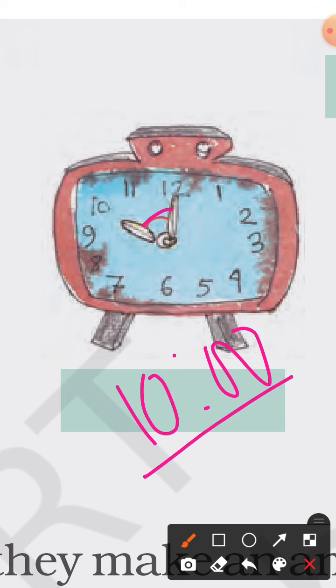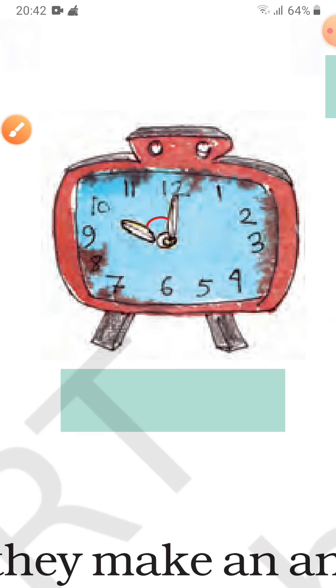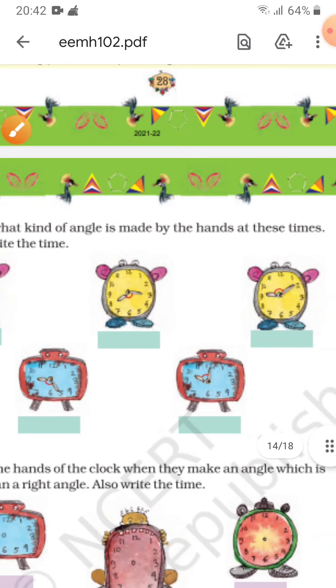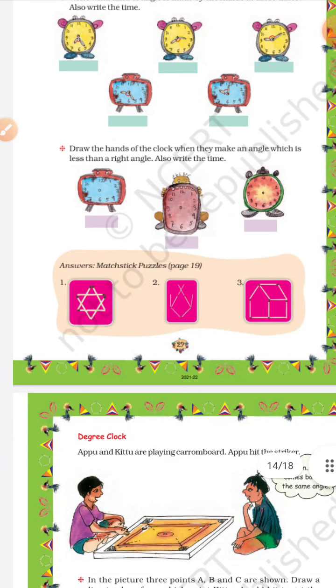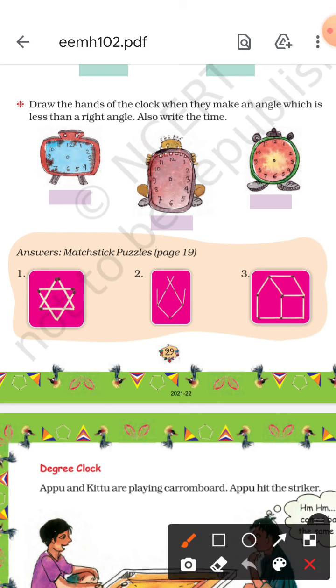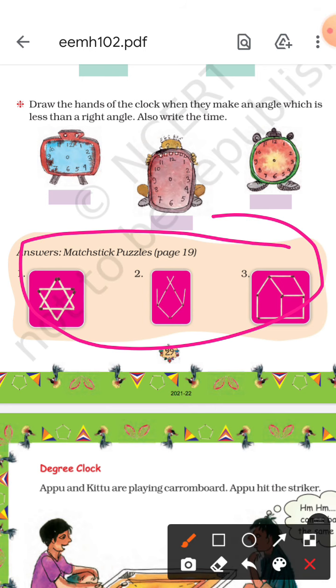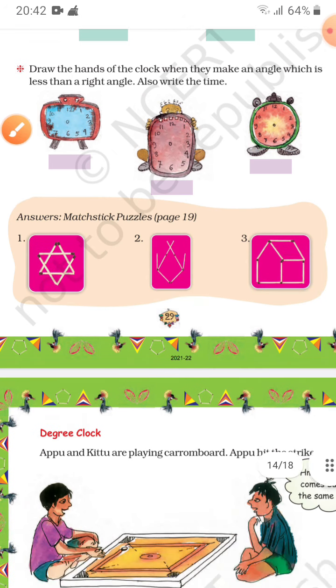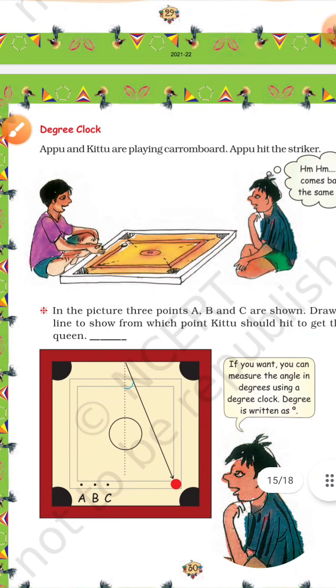The angle here is less than the right angle, so we can say that the angle is an acute angle. Now here is the answer of the matchstick puzzle, that is page number 19. Now it is degree clock.